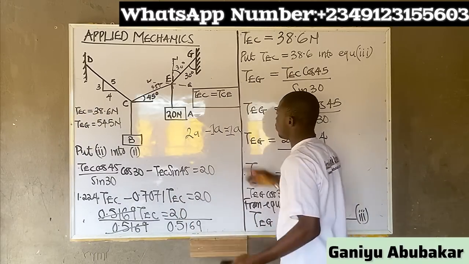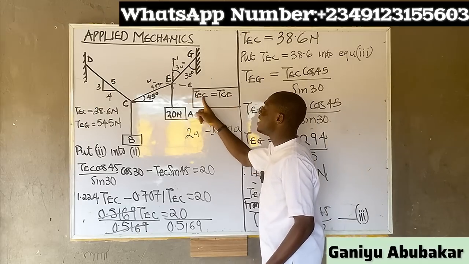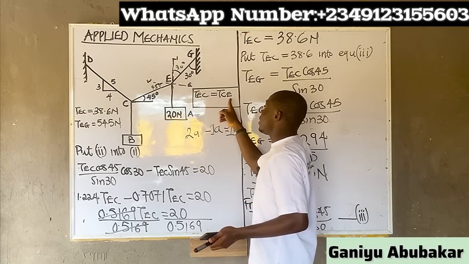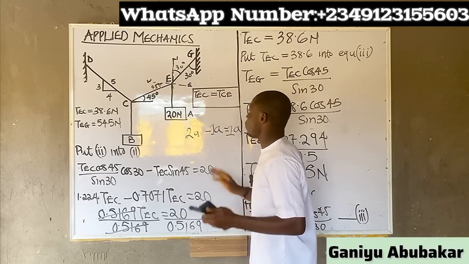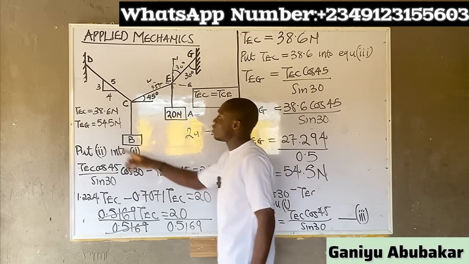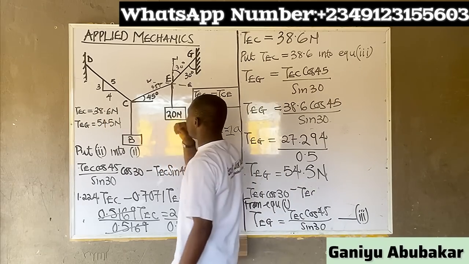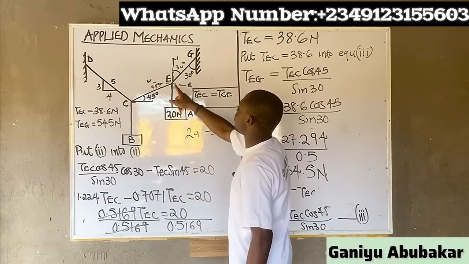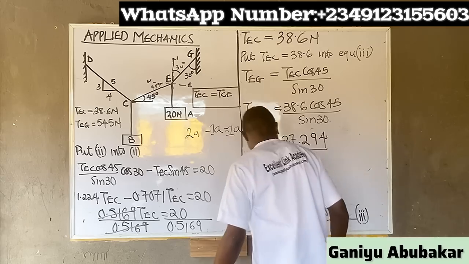So I don't have to stress looking for TCE again. The value of TEC is 38.6 Newton. So I'll sketch out point C, picking up point E and point C.